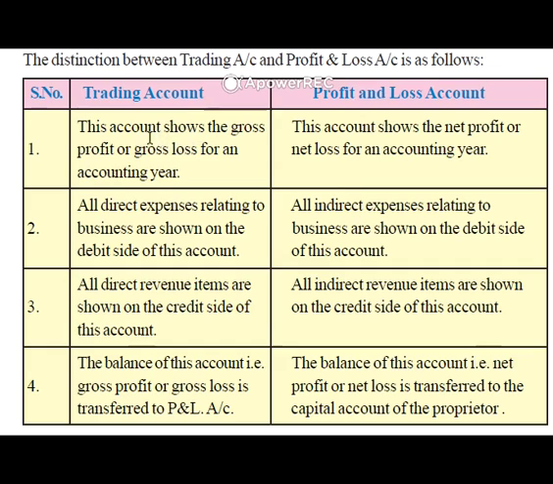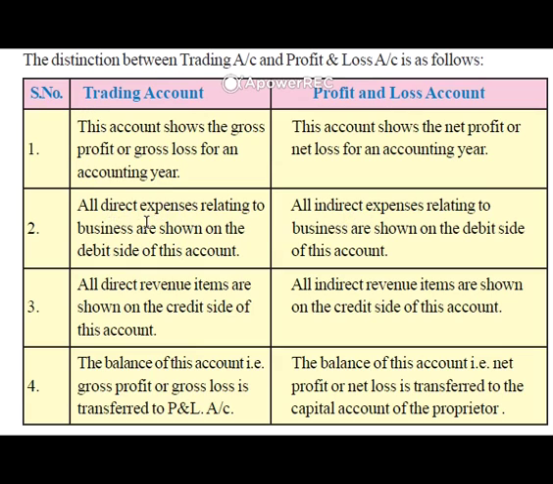First of all, the trading account shows the gross profit or gross loss for an accounting year, and the profit and loss account shows net profit or net loss. The main differentiation you can note in the second point: all direct expenses of the business are shown on the debit side of the account, and all indirect expenses too.